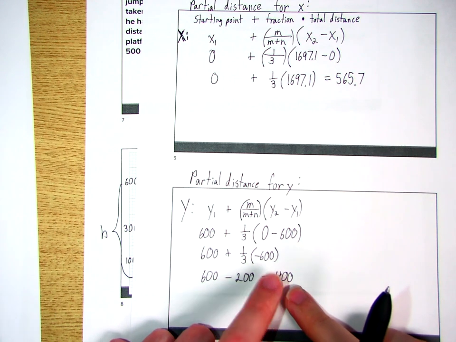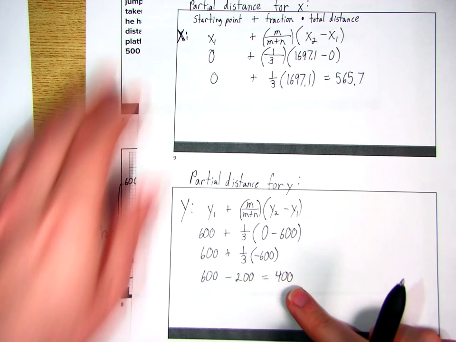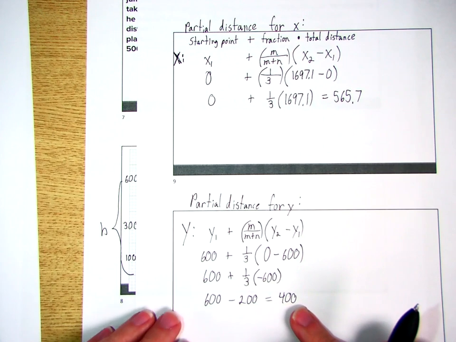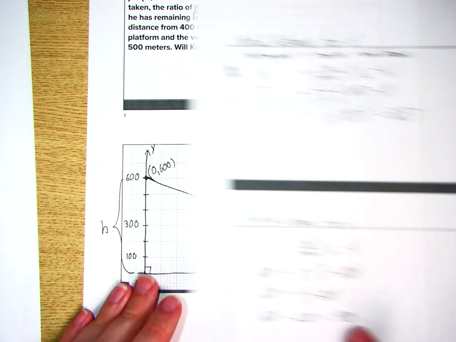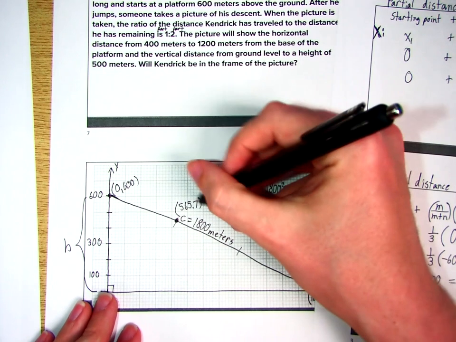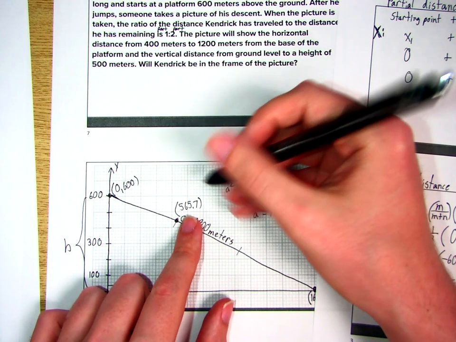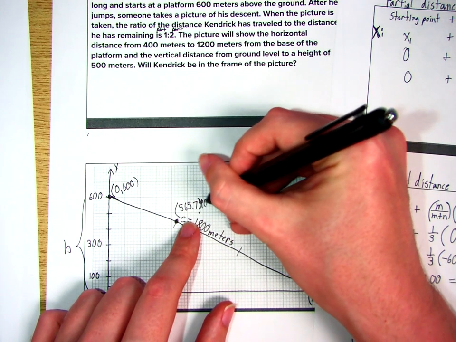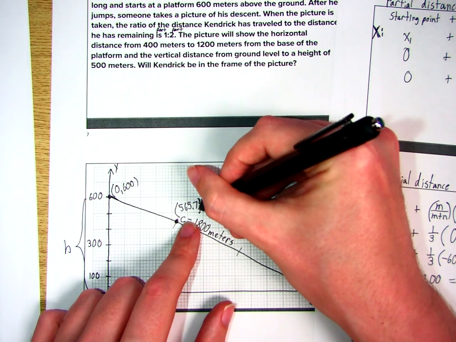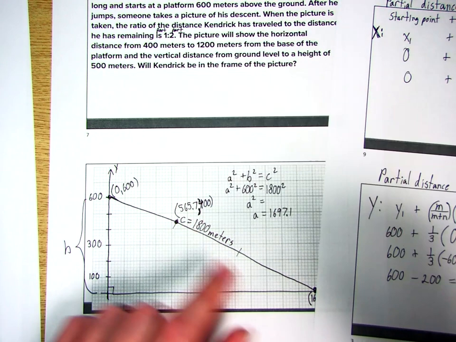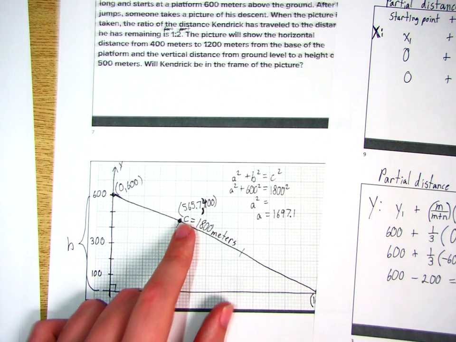So the height that Kendrick is going to be at on this zip line is a height of 400. So 565.7, comma 400. I tried to end the problem early by putting some parentheses. We've got a coordinate here.